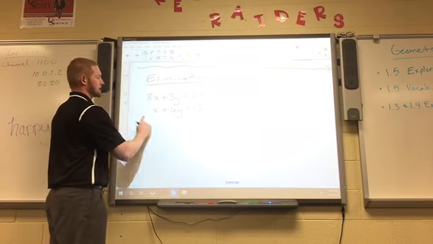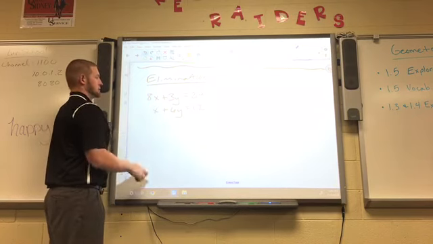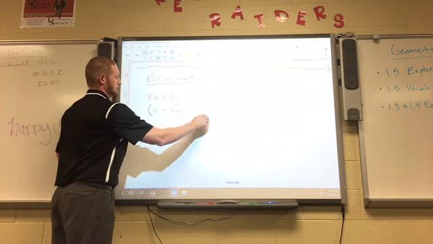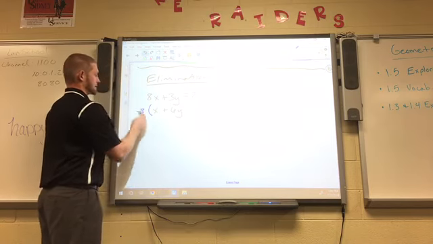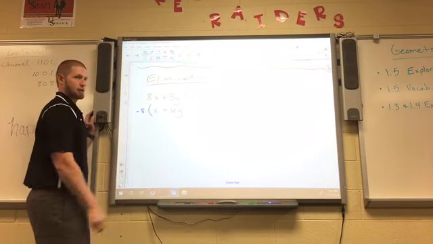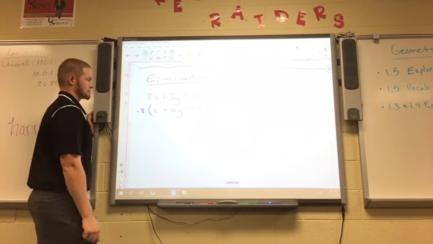So, let's change this to negative 8. So I have to take this entire equation and multiply it by negative 8, because that's what would make it opposite of my top x. Okay?